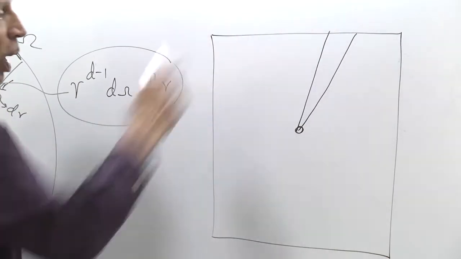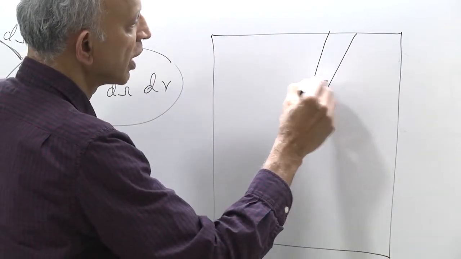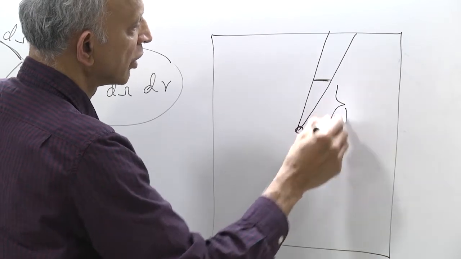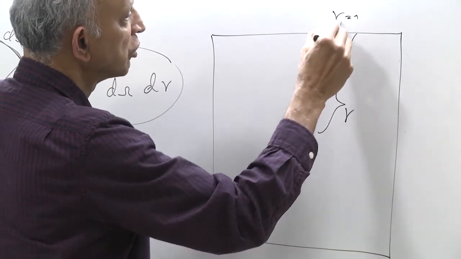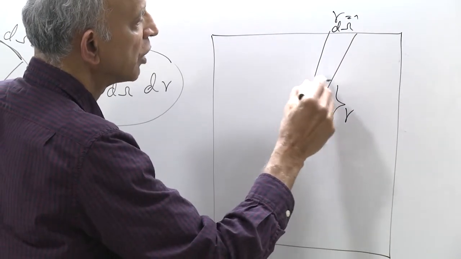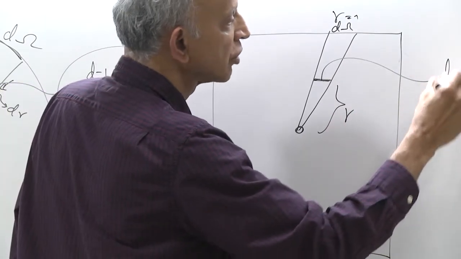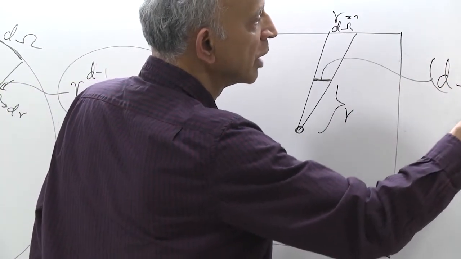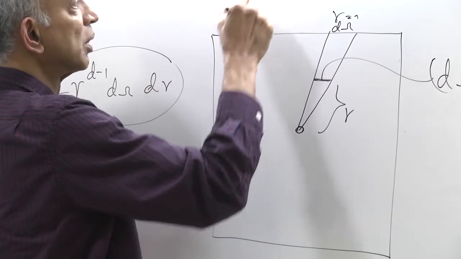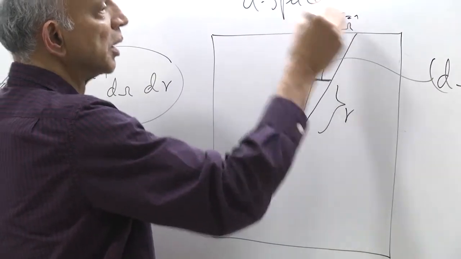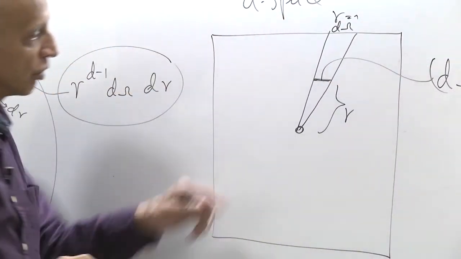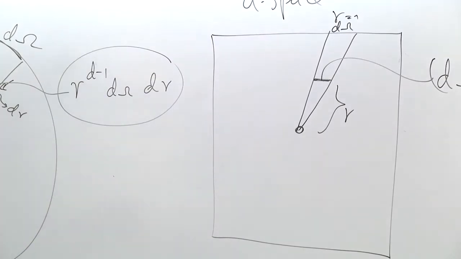This is r equals 1, and this is radial. So here is another. This is r. This is r equals 1. This is d omega again, and is it still d omega times r to the d minus 1? I'm sitting in d space. So first question, is the infinitesimal element r to the d minus 1 times d omega?